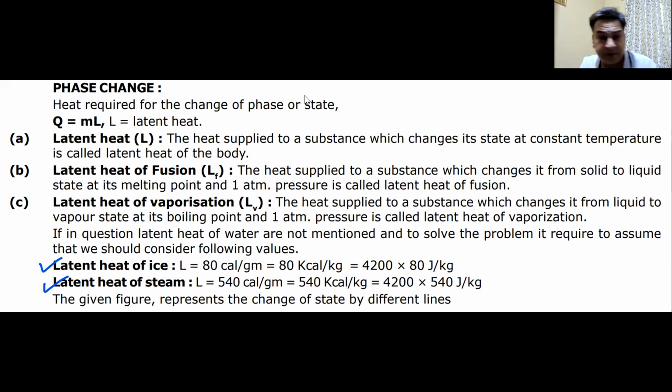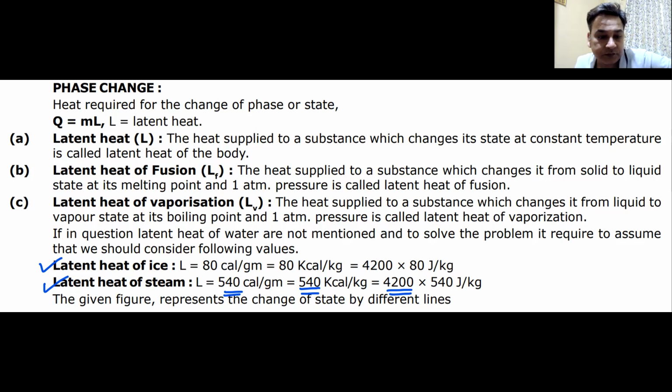And to convert water into steam at 100 degrees Celsius, we will need 540 calories per gram, or 540 kilocalories per kg. If I convert it into joules, it will be 4200 multiplied by 540 joules per kg.